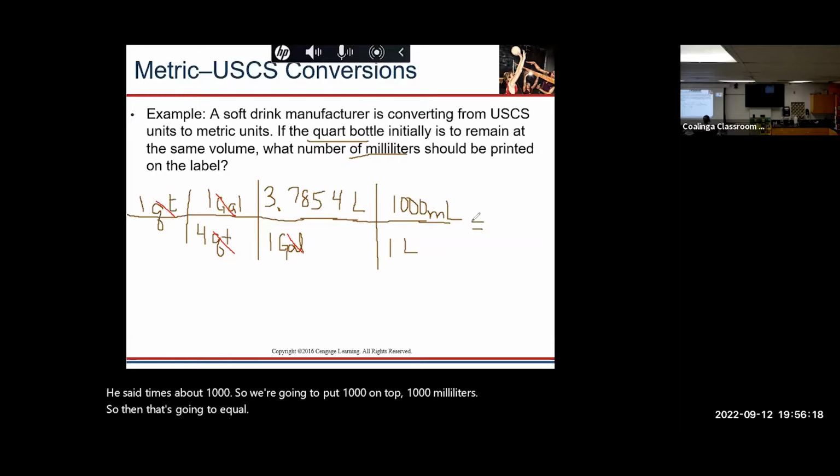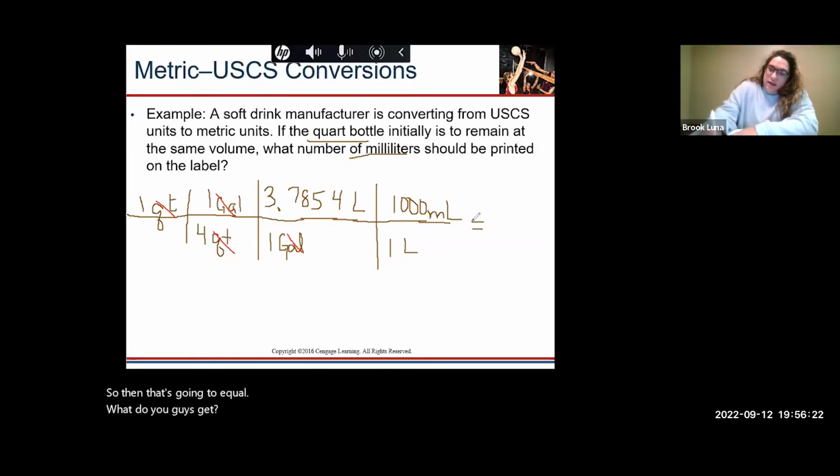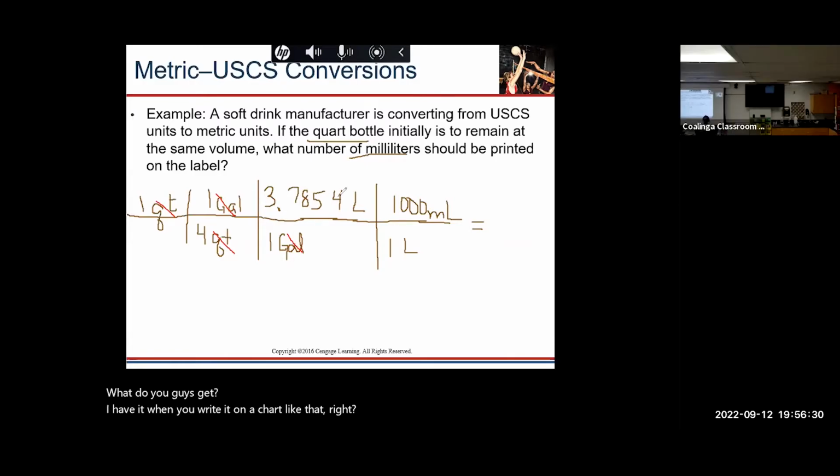What do you guys get? I don't know why, but when you write it on a chart like that, I get so confused. Again, just multiply the numbers on top and divide it by the numbers on the bottom. Okay.